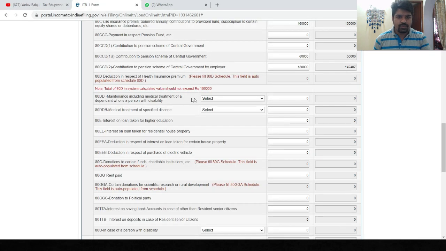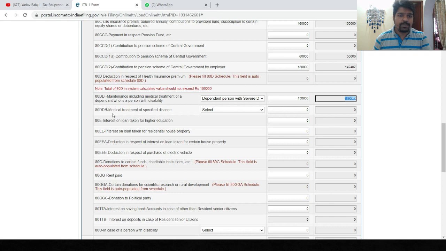If I show you here, they will ask two options. Disabled, so I put 75,000. If I put 80,000, it will take 75,000 only. And the second option is 1,25,000. If I put 1,30,000 also, it will take 1,25,000. For this case, you have to get a certificate from the doctor. They will verify your dependent and confirm whether the handicap, meaning a disability, is there or not.